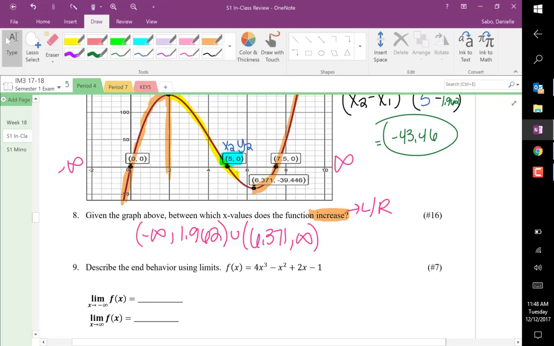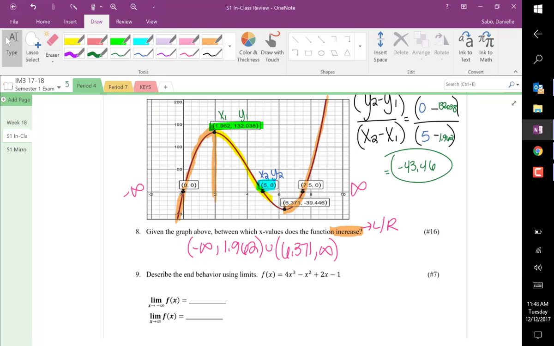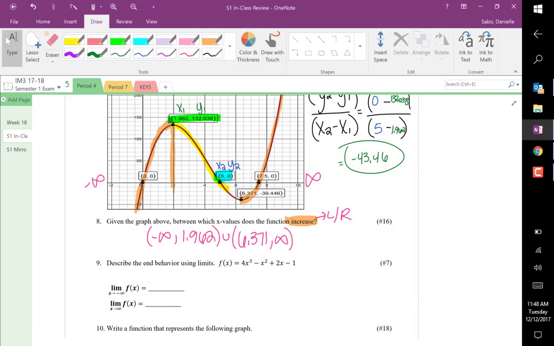Describe the end behavior. End behavior represents the arrows. Where are the arrows going? Okay, so here we go. I'm X. You do not have to write this down because I'm going to be scribbling. I don't want you to scribble all over your paper. I am X right now in purple, and I'm walking towards negative infinity. But where is the function going as I go towards there? Negative infinity.